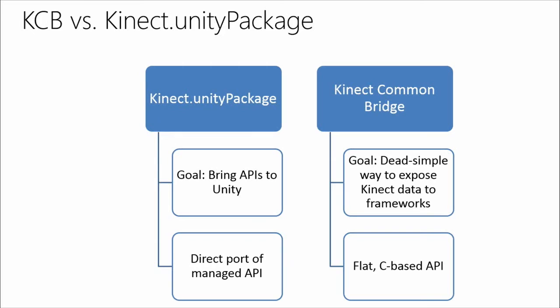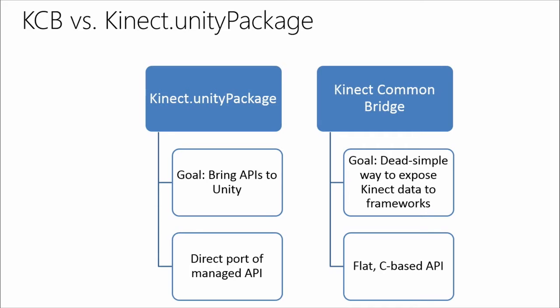So how does that compare with the Kinect.UnityPackage? Well, the goal, as Carmen mentioned earlier with the Kinect.UnityPackage, is to bring the APIs to Unity. So the same API surface and style and the way those work, we wanted to have that same thing show up inside of Unity. The other thing there is it is a direct port of that managed API.